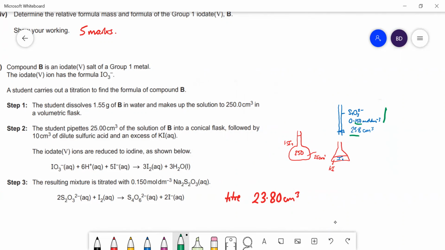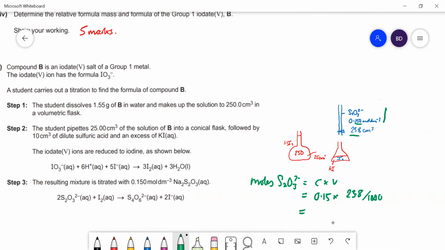So moles of thiosulfate, conc times volume, 0.15 multiplied by the titer, 23.8 over 1,000. That gives us 3.57 times 10 to the minus 3 moles of thiosulfate.